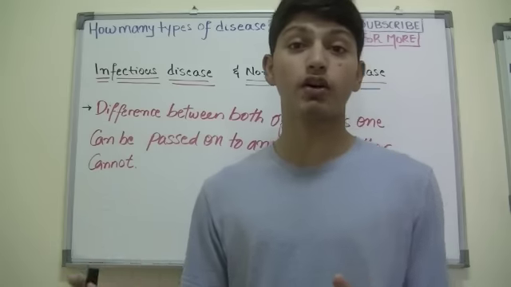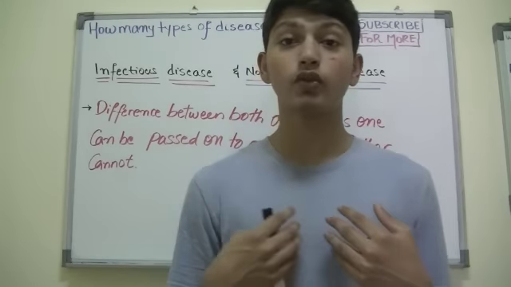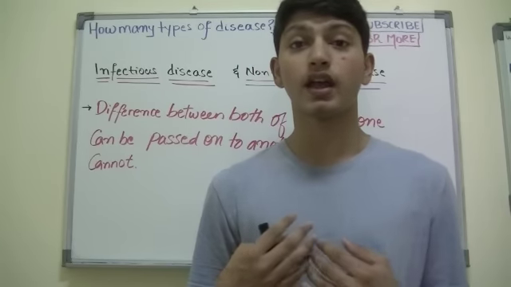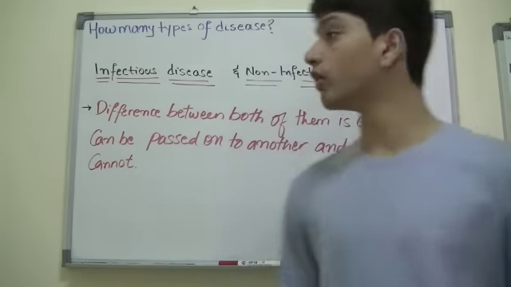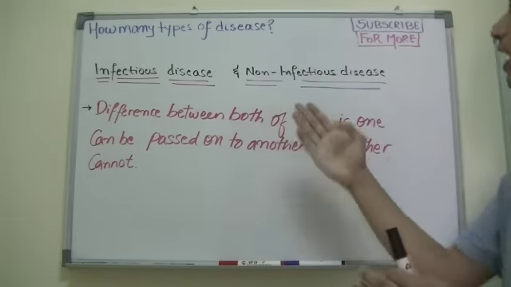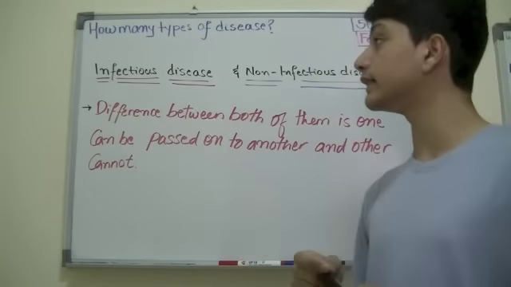You cannot pass it on to someone else. Like smokers, whenever they get heart problems or lung problems, they cannot pass it to the person next to them. Okay? So this cannot be passed on from one person to another, while infectious disease can.